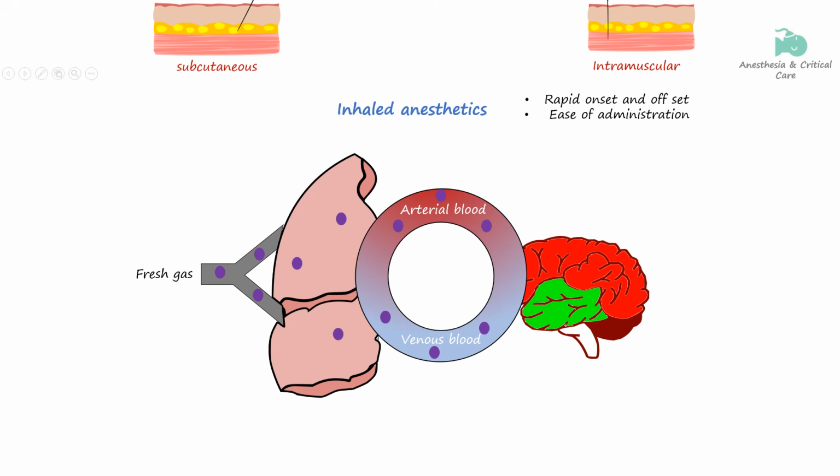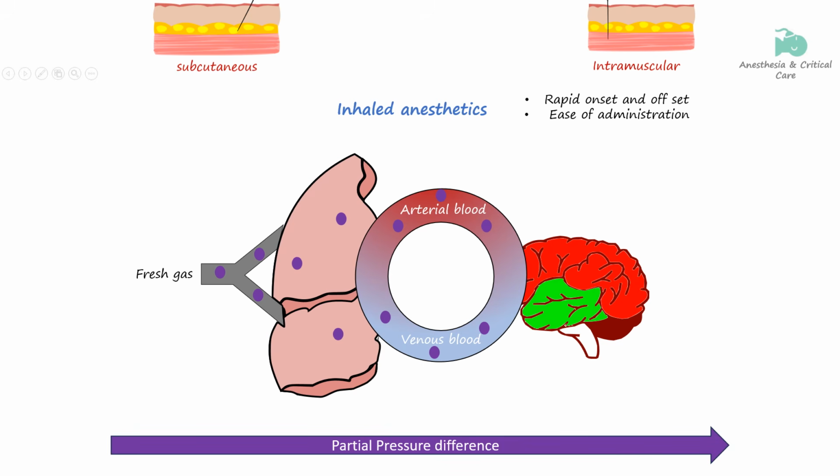The driving force for this diffusion is the partial pressure gradient between the anesthetic in the alveoli and in the blood. The quantity of anesthetic taken up depends upon its solubility in blood and upon the pulmonary capillary blood flow. Once in the bloodstream, these agents are transported to the brain where they exert their anesthetic effects.